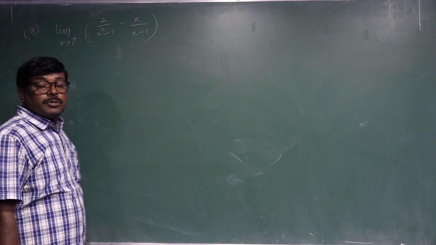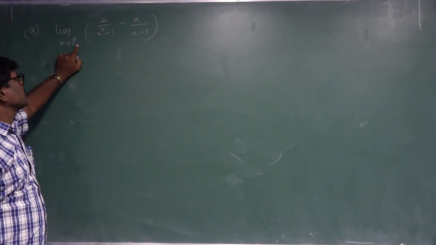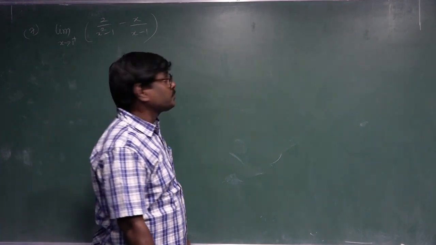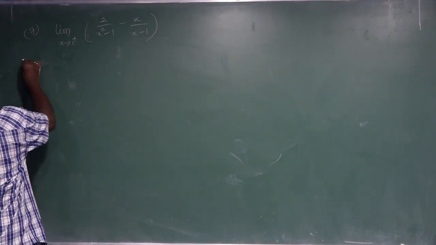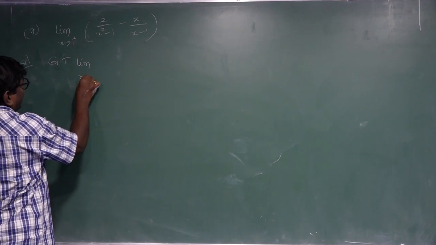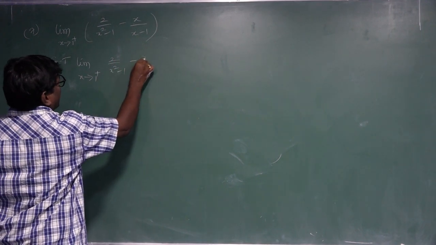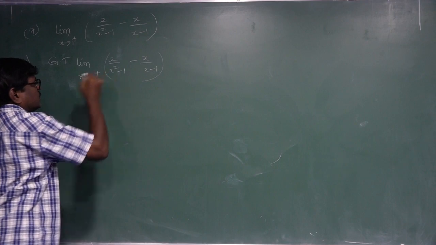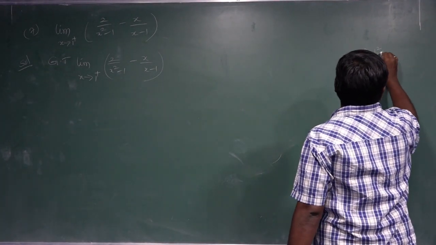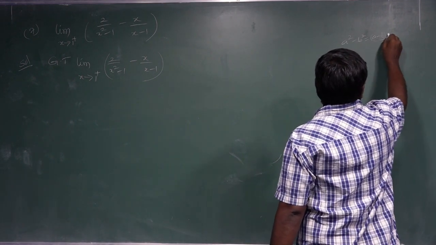Dear students, seventh problem is limit x tends to 1 plus of 2 by x square minus 1 minus x by x minus 1. The solution is given that limit x tends to 1 plus 2 by x square minus 1 minus x by x minus 1. This is a square minus b square, equal to a minus b into a plus b.